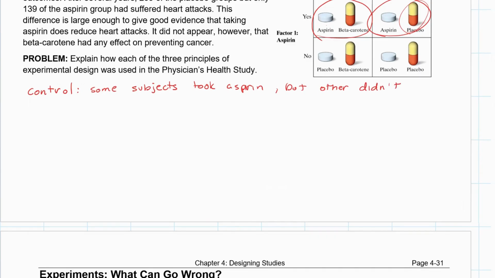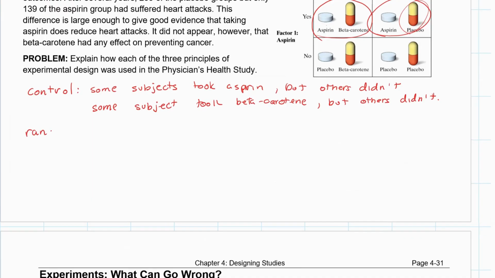So we're able to compare and contrast those two groups. Some subjects took beta-carotene, but others didn't. There's our control.